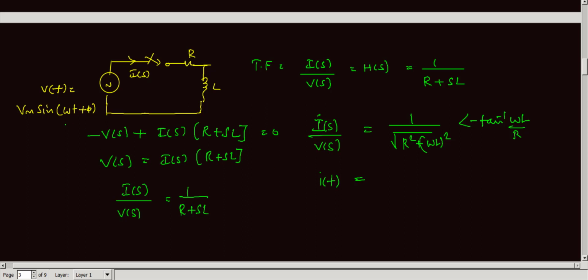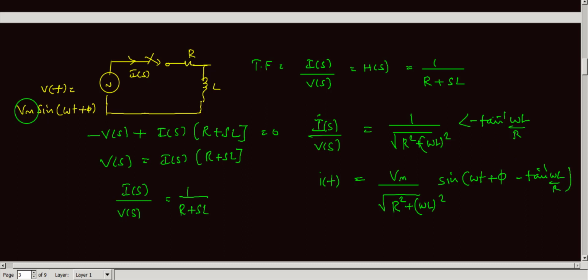Simply multiply the magnitude with Vm and add the phase. So Vm by root of R square plus omega L whole square sin of omega t plus phi minus tan inverse of omega L by R. This is actually the shortcut.